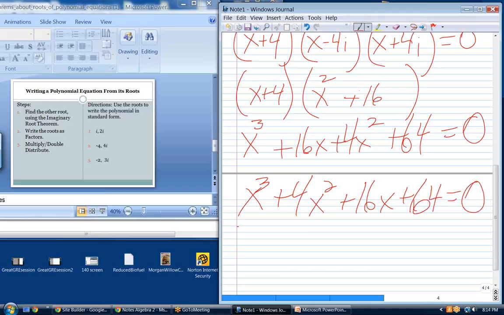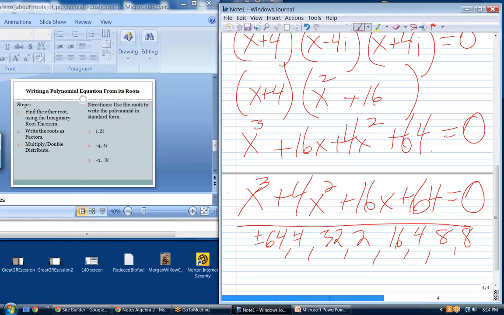So here's our polynomial. If I started with this polynomial and using the P over Q rule, the first thing I would do is look for a rational solution, and I would find that x equals minus 4 is one of them. I would have to look at all the factors of 64, though. So I would be looking at 64, 1, 32, 2, 16, 4, 8, plus or minus on each one.